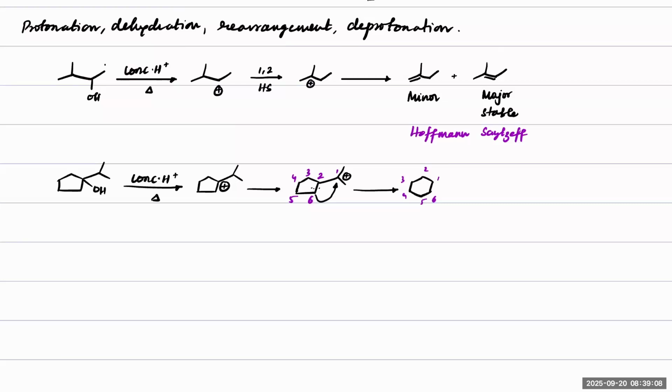So between 1 and 6, we had a match. And at one position, we have two methyl groups. And positive charge has been shifted onto the 2 position. And from here, you will notice that a methyl shift will take place. So the methyl will shift onto the 2 position. One methyl is at the 1 position with a positive charge.